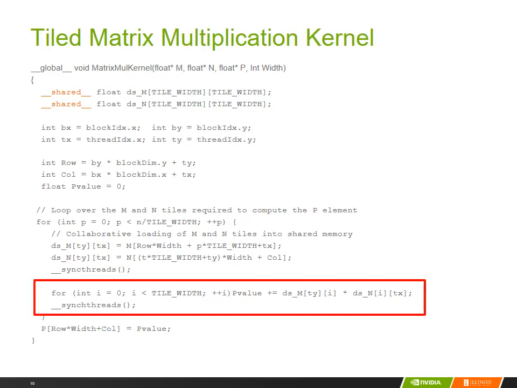After all the threads come out of the barrier synchronization, they will begin to execute the phase, or a section, of their inner product based on the shared memory contents.